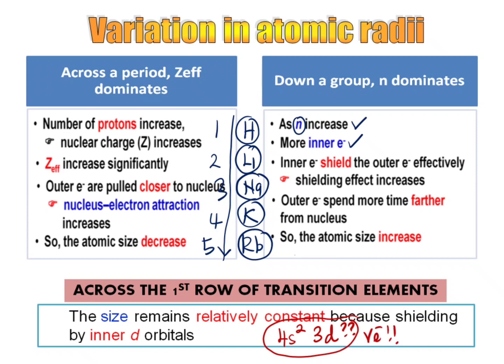So oleh kerana dia ada 3d, 3d ni sebenarnya dia berada dalam third shell, petala yang ketiga. So bila dia berada pada petala yang ketiga, it will shield the outer shell which is the 4s, tetapi dia tidak begitu ketara sangat. So sebab tu the size remain constant because shielding by inner d orbital. Okay, sebab sama je semua untuk semua elemen dalam transition element. Semuanya sama, ada 3d macam tu. Boleh?